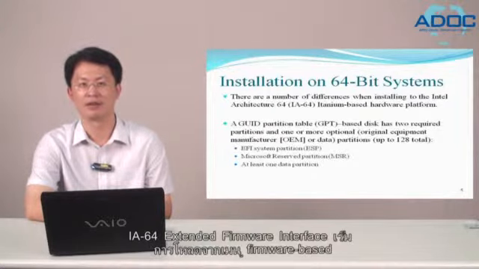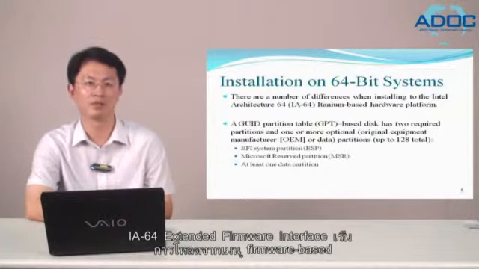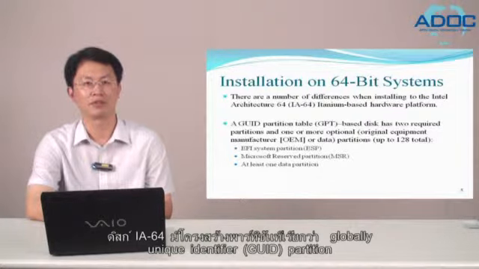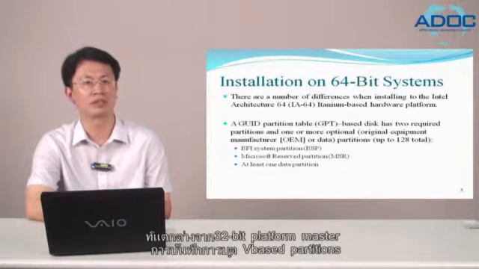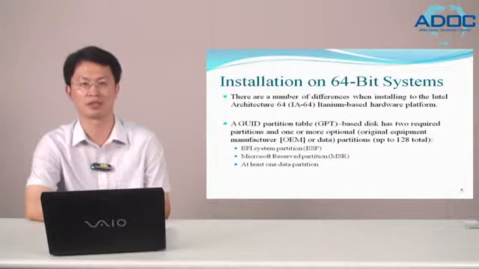The IA64 Extensible Firmware Interface starts up loading a firmware-based boot menu. IA64 disks have a partition structure called a globally unique identifier, GUID, partition table. That differs from the 32-bit platform's master boot record-based partitions.